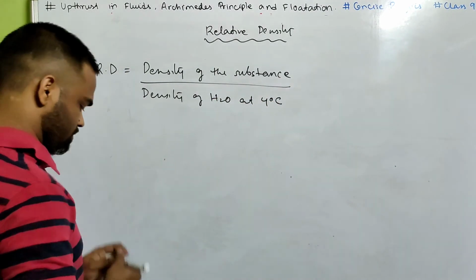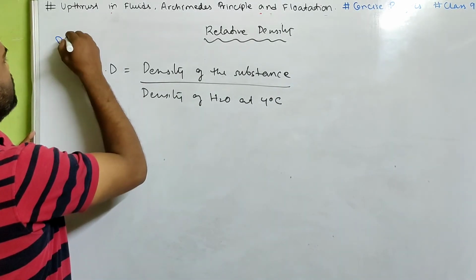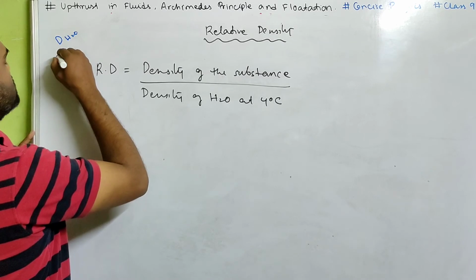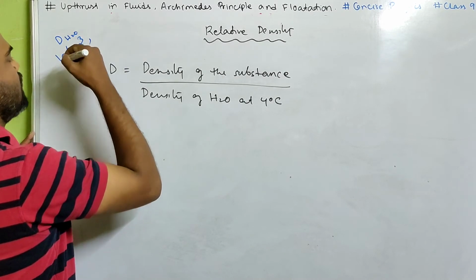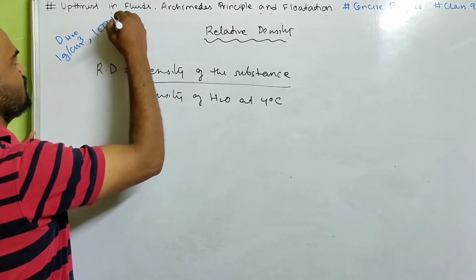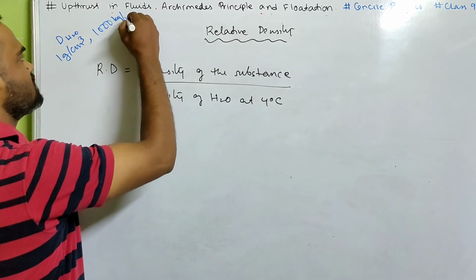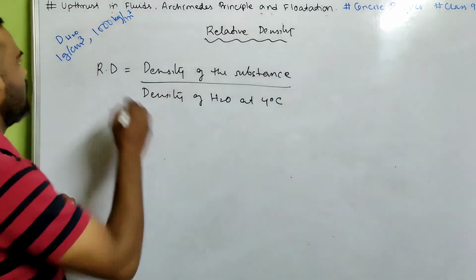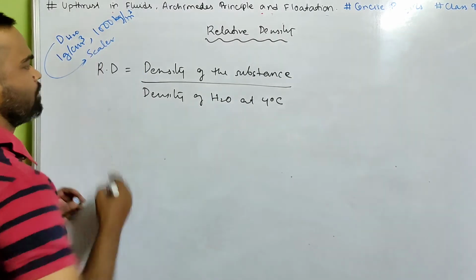And remember one thing we missed: the density of water at 4 degrees centigrade is, in CGS, 1 gram per centimeter cube, and in SI it is 1000 kg per meter cube. Okay, that is the value. And density is, of course, a scalar quantity.